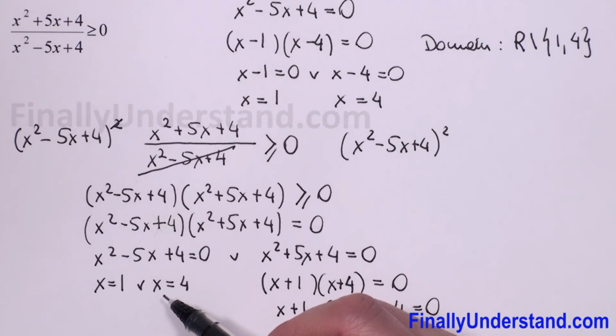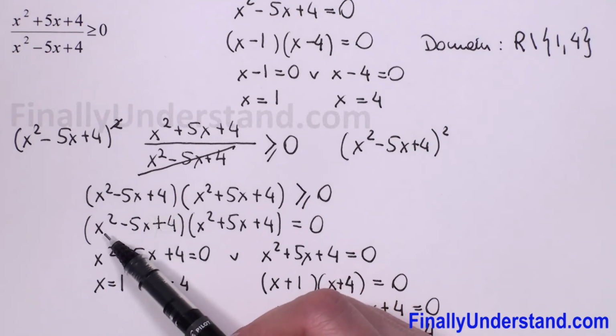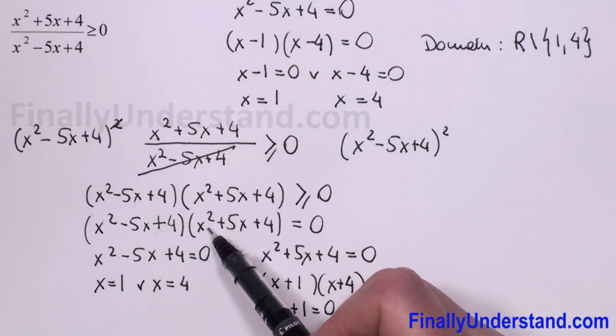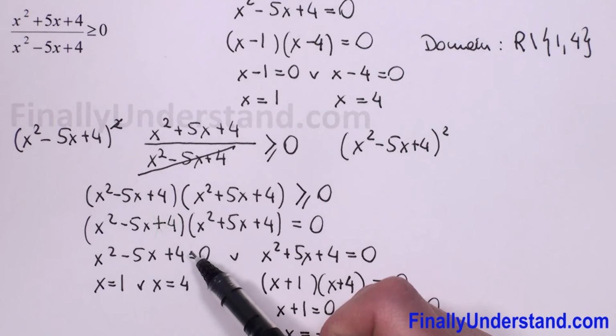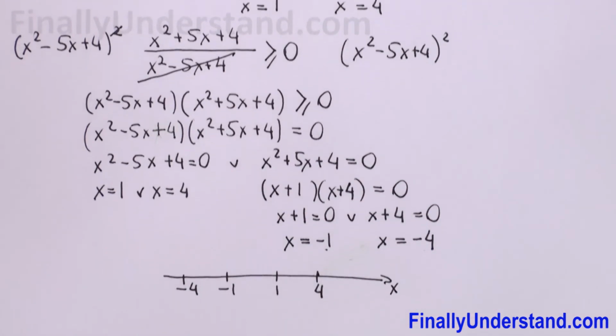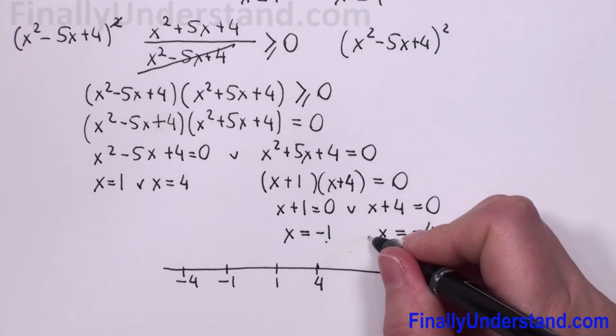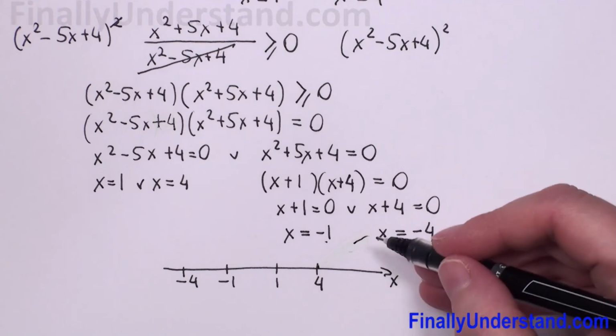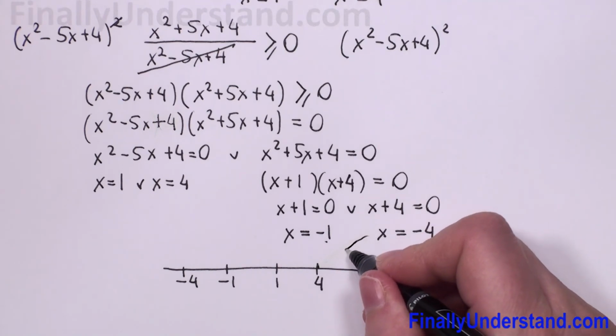Next, we have to check the sign of the coefficient next to the variable with the highest power. The highest power will be x squared times x squared, which is x to the 4th power. The coefficient is positive 1. It means we have to start to draw our graph from a positive value, above our number line x.